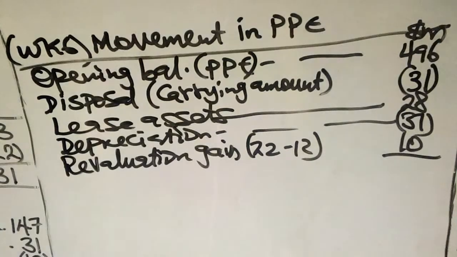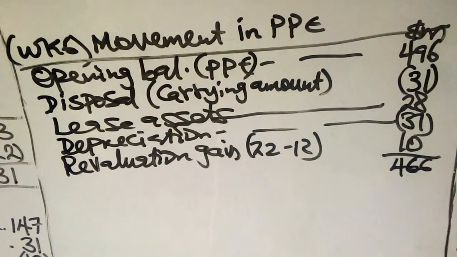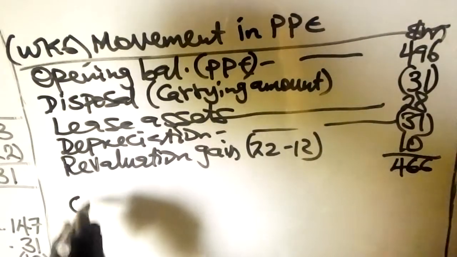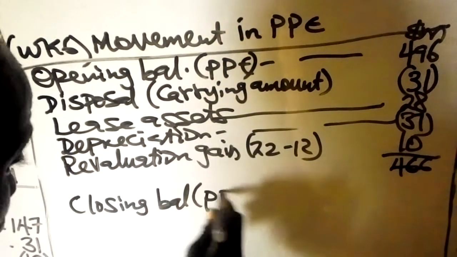Now, after this adjustment, if you have 496 minus 31 plus 28 minus 37 plus 10, then that will give us 466. From this 466, you take the closing balance of PPE.